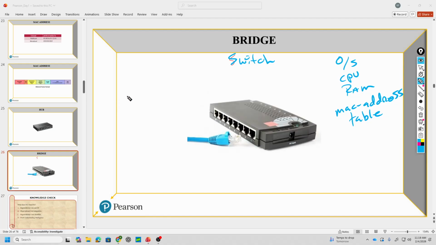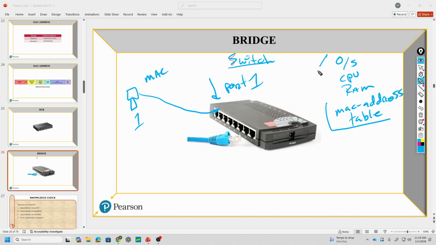What that means is if you have a device here, this computer, when you first plug it in and it plugs into this and it reaches out to get an IP address, this switch will now take its MAC address and it will add it into its MAC address table and go, computer 1 lives on port 1, and now it forever knows where you live. Okay? So any communication that's coming into that switch bound for this MAC address, it only sends it to that.